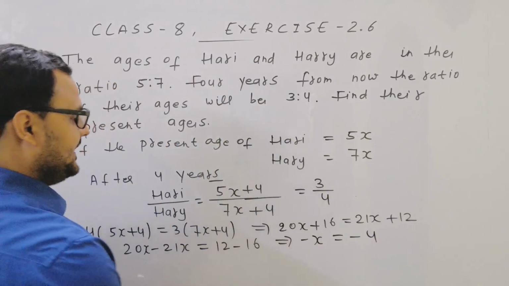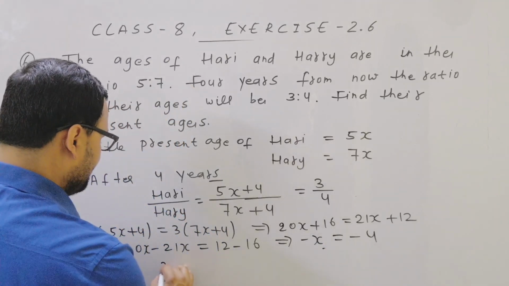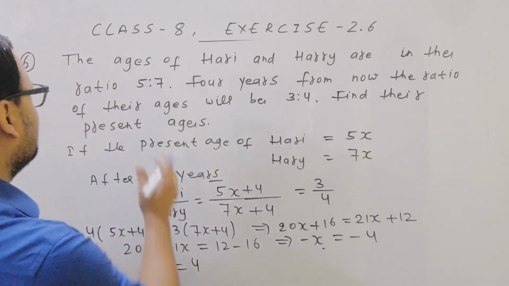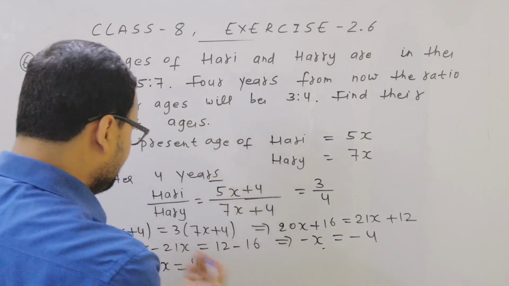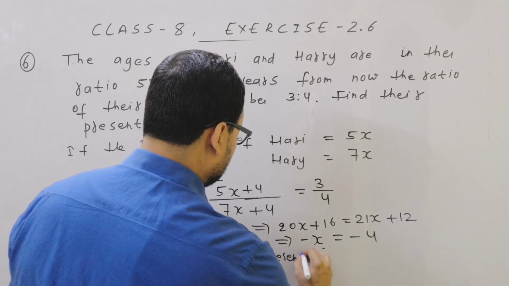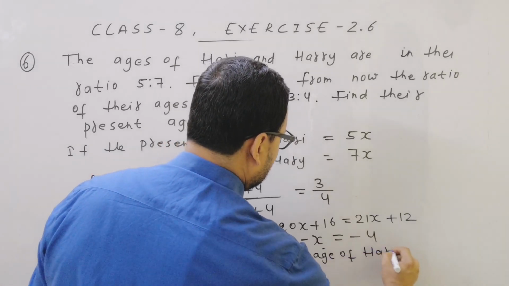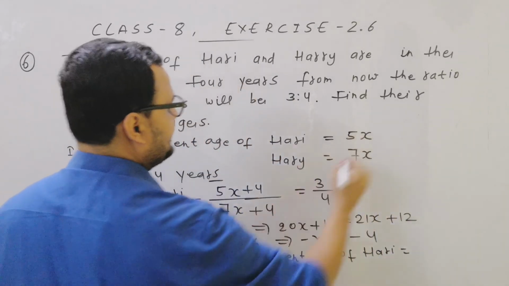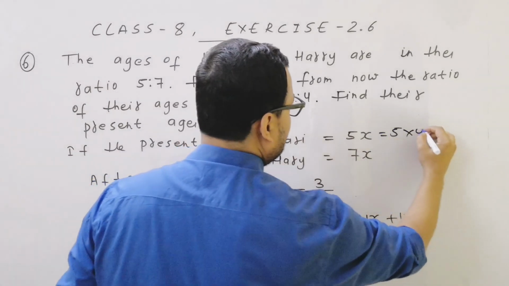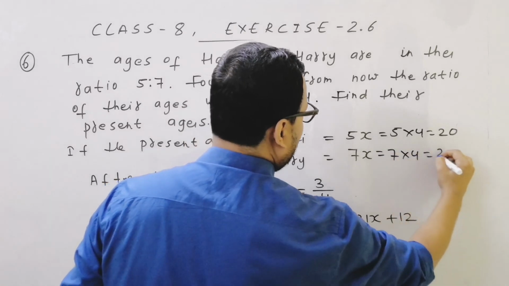Now 20x minus 21x, and 16 will come this side, so minus 16. 20x minus 21x is minus x, equal to 12 minus 16, that is minus 4. Minus we have both sides, so we can cancel the minus, so we got x equal to 4. Now with x equal to 4, their present ages: 5 into 4, I got 20, and 7 into 4, I got 28.